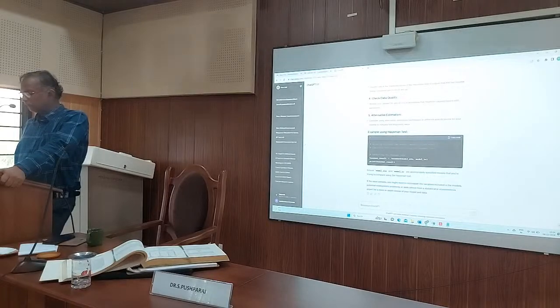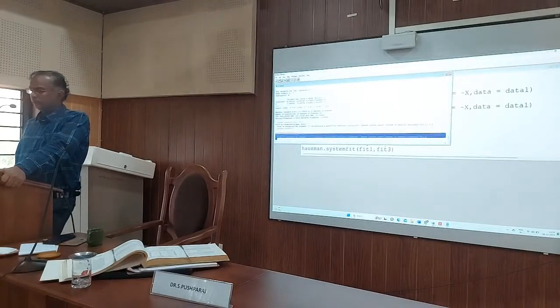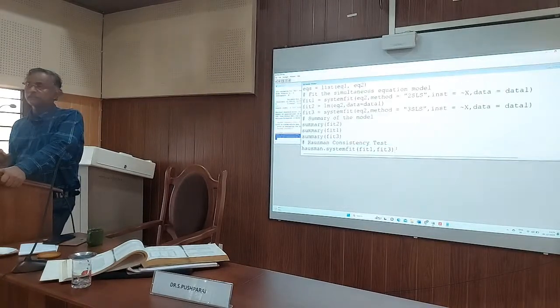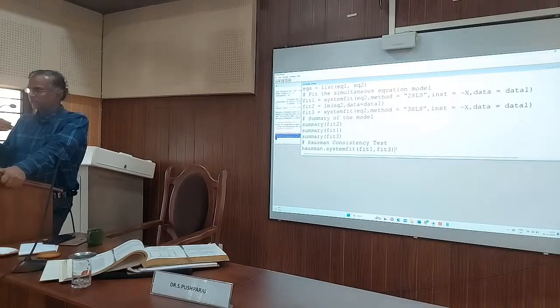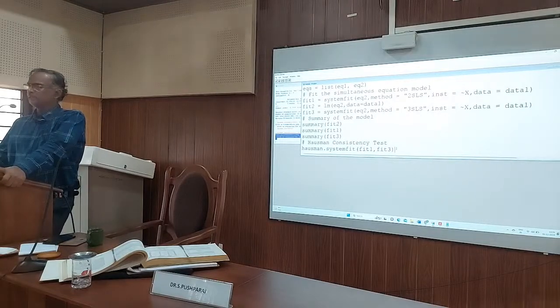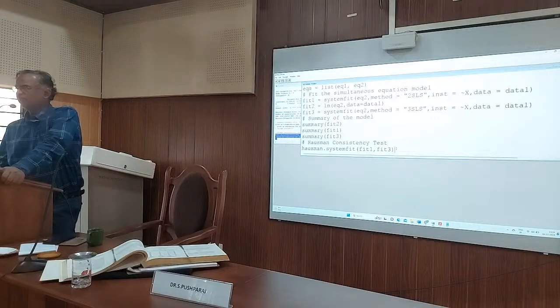Okay, so we'll stop here, right? This test is supposed to give us the comparison between the 3SLS and 2SLS model. If the result is insignificant, we can say both the models are the same. If it is significant, we'll say the models are different.